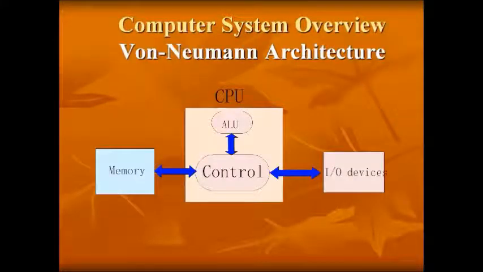Okay, computer system overview as perceived by the von Neumann architecture. I think you're familiar with this illustration. We have the memory. The CPU contains the ALU and the CU or the control unit. And of course, the I/O devices. Let's try to look at the process inside the von Neumann architecture.